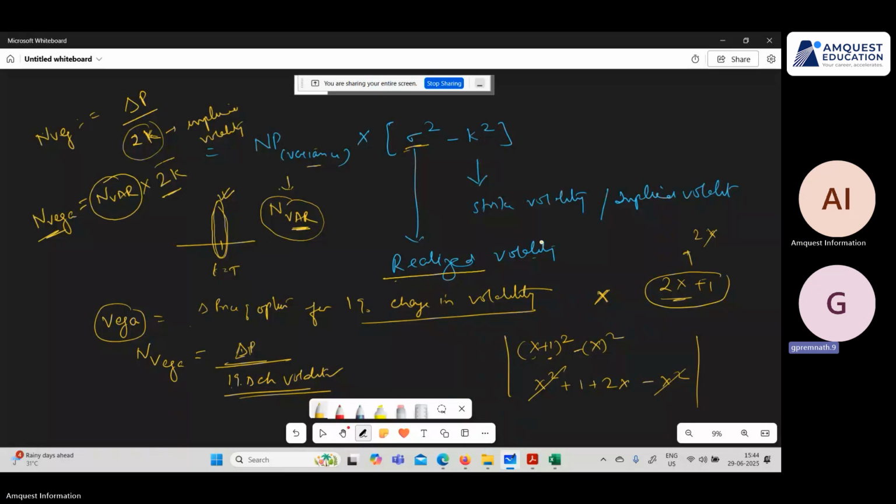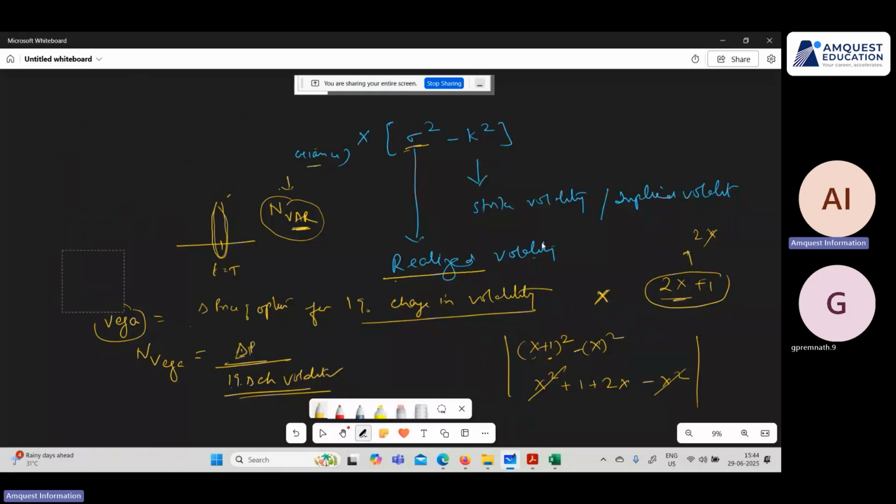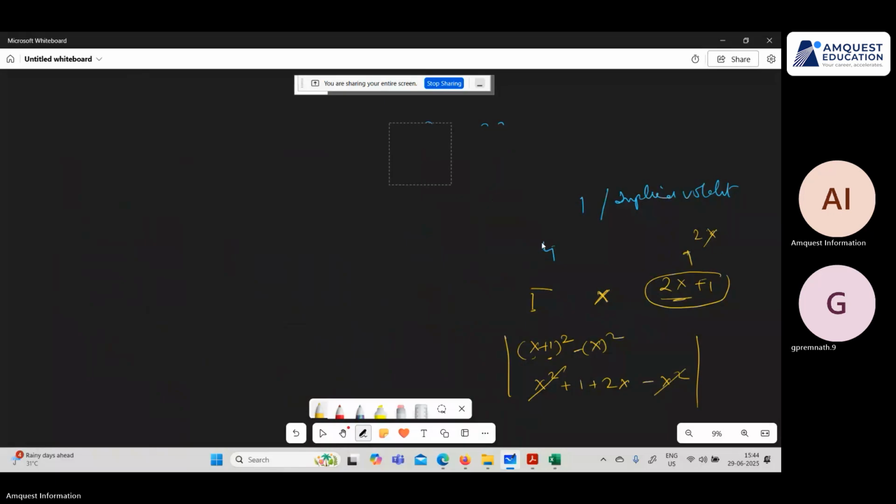Can you repeat this? Sorry, I'm saying you had N Vega equal to change in price divided by 2K. Let's see. Can I say that my N Vega represents my 1% change in volatility, which has been represented by 2K?